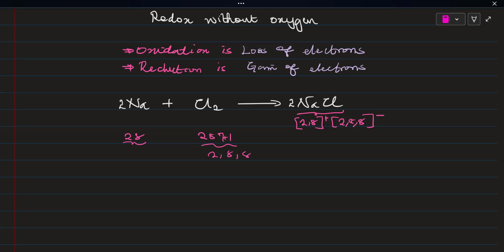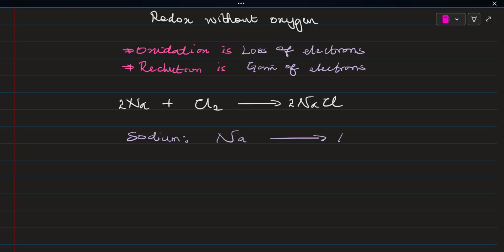Now we can write the half equations the way we did the other time for magnesium and oxygen. We've established that sodium loses 1 electron to chlorine to become sodium chloride. For the sodium half of the equation, we have Na going to Na plus, plus the electron that is lost.